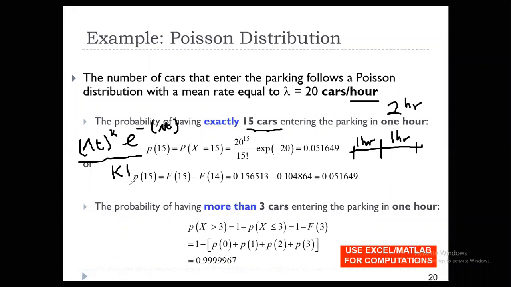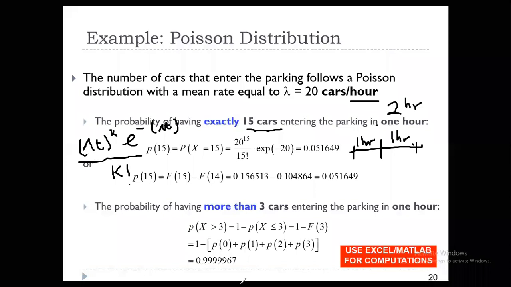That is how it's going to look like. So anytime your interval is increased, then you also have to increase t. In this case, your t is 2 times, so it becomes lambda times 2. So you take note of this one.